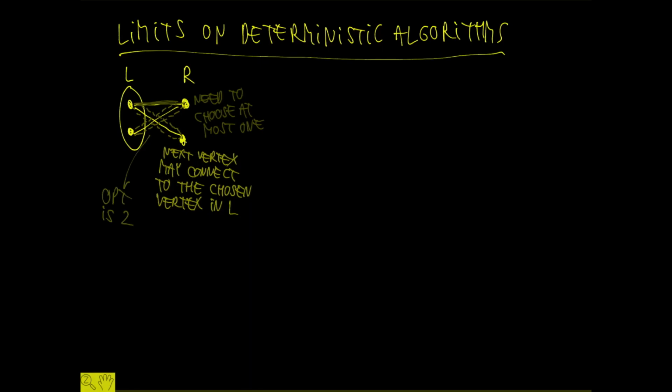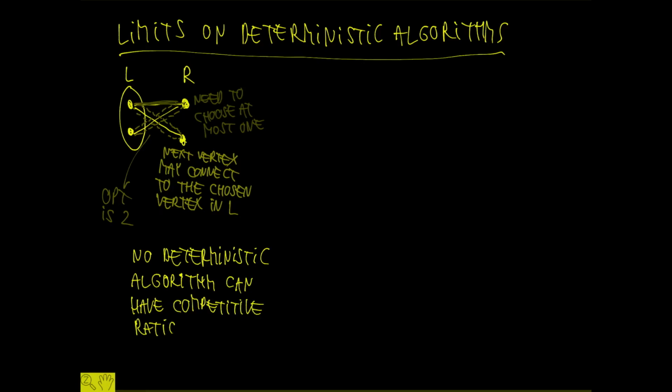So opt is 2, we get a matching of size 1. And in general, this can happen if we use a deterministic algorithm. It's always possible to come up with a sequence of vertices and adjacent edges that achieves this competitive ratio of no better than 1/2.